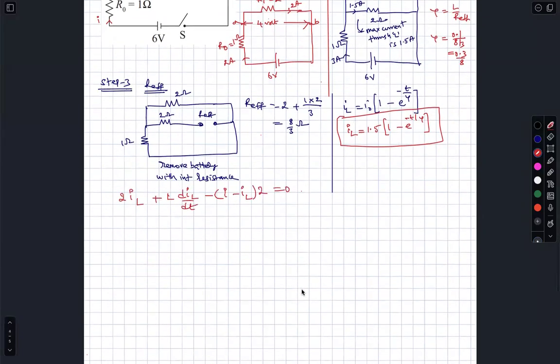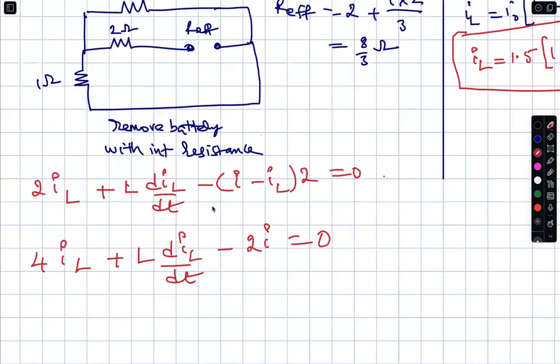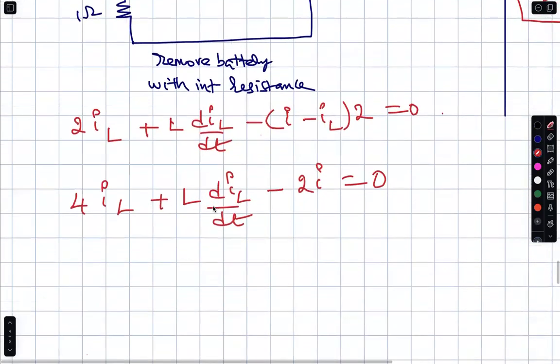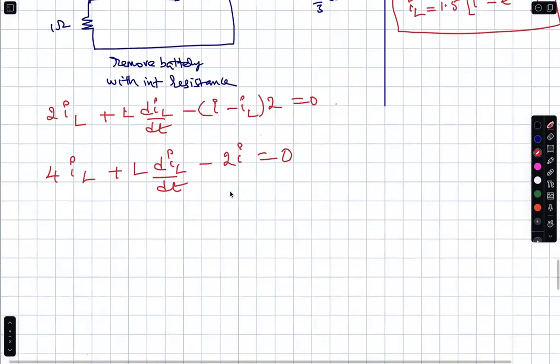You can find anything from this, because I know IL. So this will become 4IL plus L dIL by dt minus 2I is equal to 0. Right. With this I can write, yeah, come.